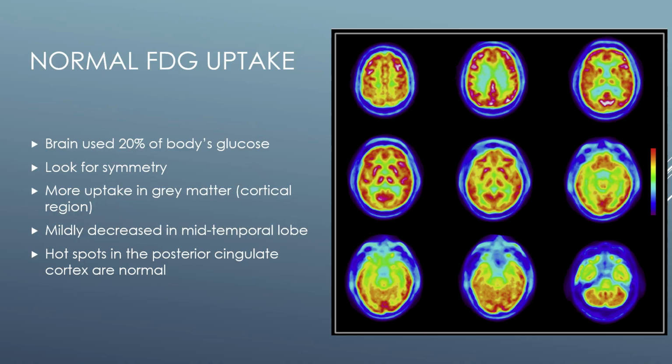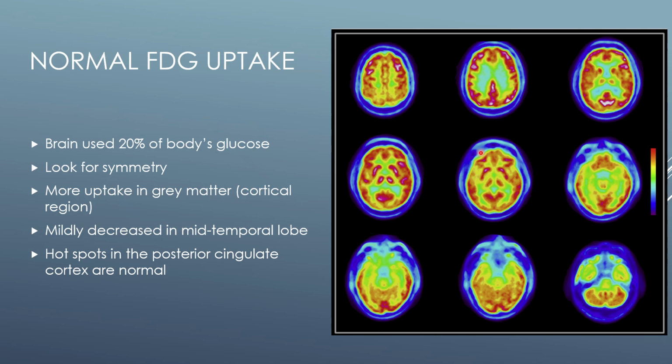So with FDG, like I said, you want to look for symmetry. You'll have more uptake in the cortical region, or the gray matter that outlines the brain. Mildly decreased mid-temporal lobe activity is normal as well. I'm kind of pointing my laser pointer at it. You see it right there.